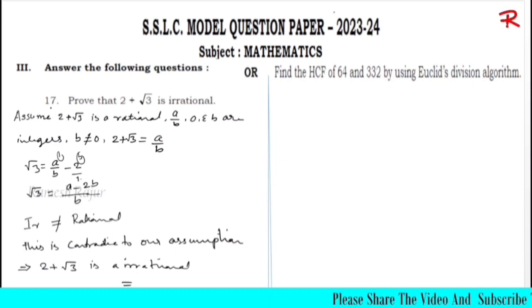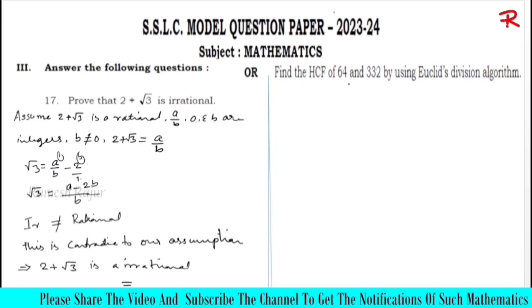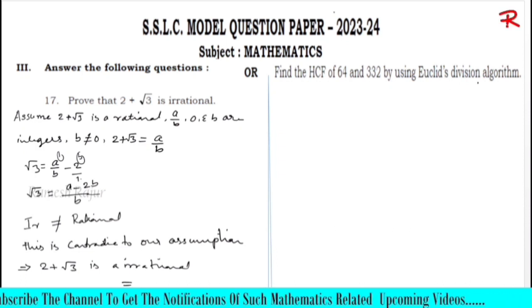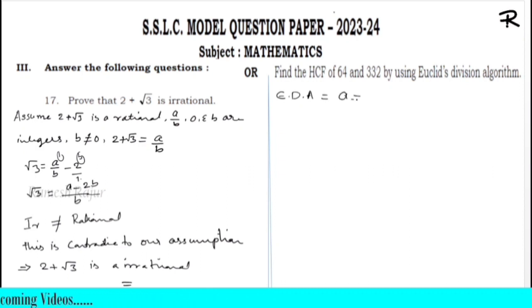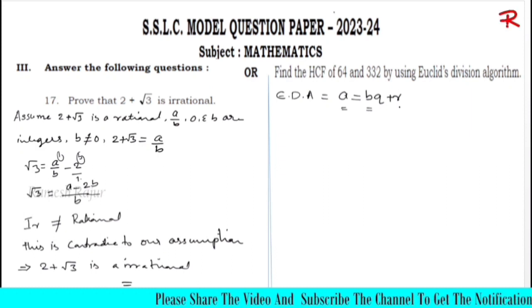In the same numbers, that is the 17th question, we have the OR question. Here we have to find the HCF of 64 and 332 by using Euclid division algorithm. By Euclid division algorithm, we know that a is equal to bq plus r, where a is the dividend, b is the divisor, q is the quotient, and r is the remainder.